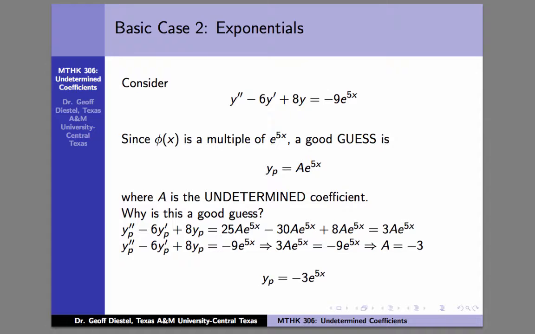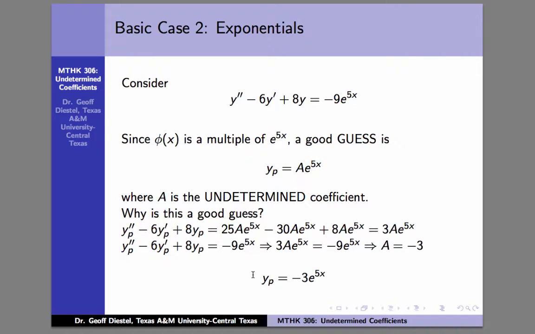So these exponentials are all done in the same way. It doesn't matter, as long as you see some exponential here, some multiple of it, your guess is going to be some multiple that you don't know, a, times the same exponential function. So if it's e to the 10x, you use e to the 10x. If it's e to the minus x, you use e to the minus x.